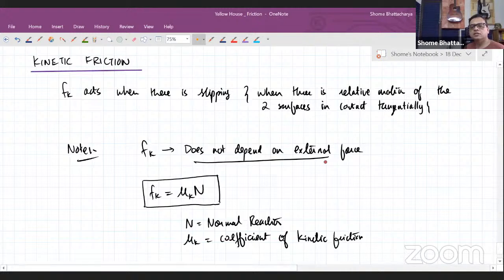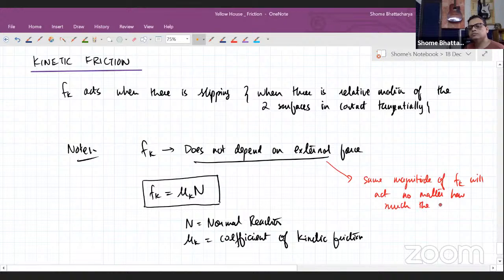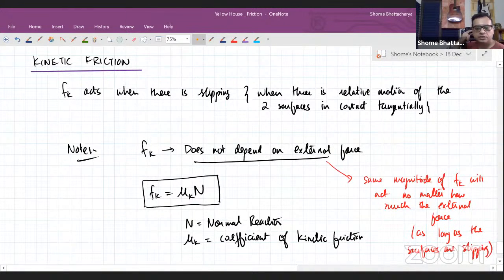So what this means is that the same magnitude of kinetic friction will act no matter how much the external force, as long as there is slipping. I'll explain this with different situations and you will understand the meaning of this properly.